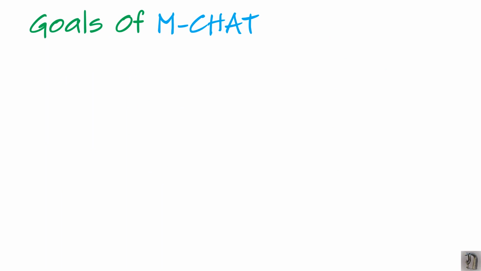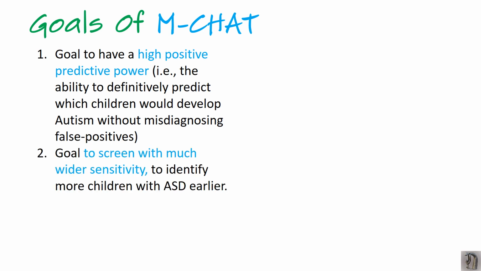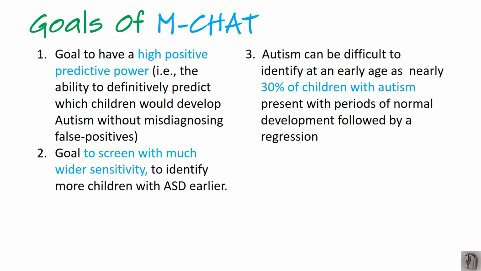M-CHAT has certain goals. Let us understand what those are. It gives a high positive predictive power, that means the ability to identify definite, clear characteristics of autism without misdiagnosing. It also screens with wider sensitivity, that means it can identify more children than earlier checklists.